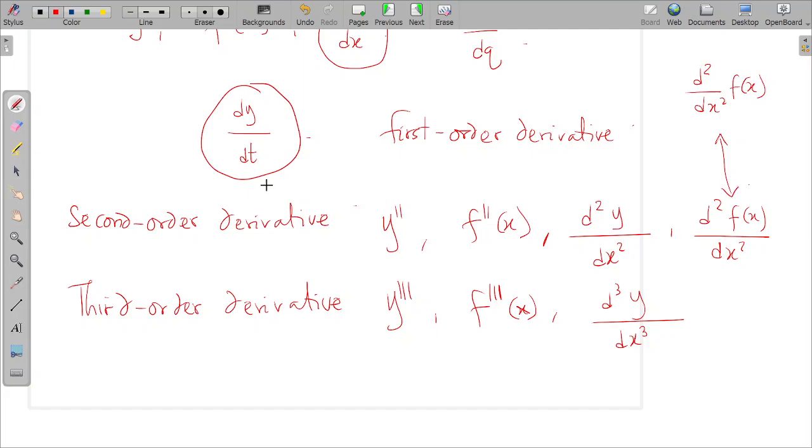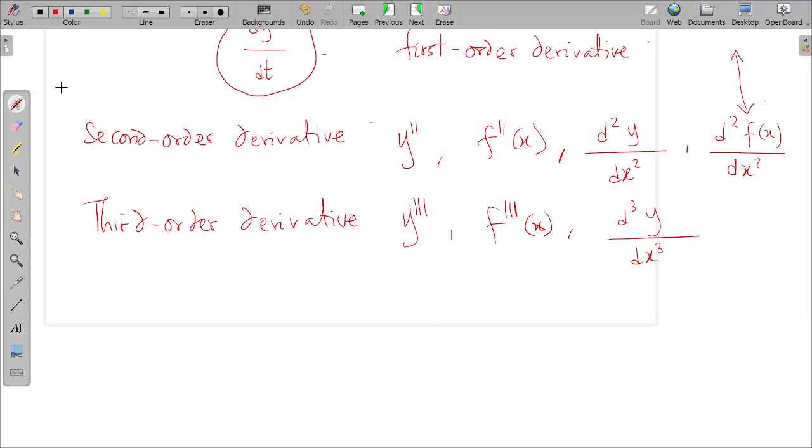So we have the third order. You can also have the fourth order derivative. In the fourth order, there's no prime prime now, you need to use a number. From the fourth one, you need to use the number 4: f superscript 4 of x. From the fourth one, you don't write primes like this.